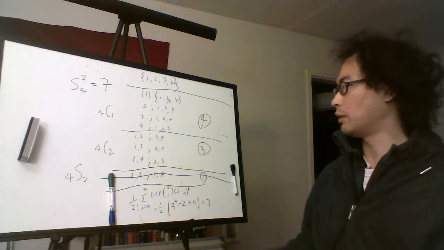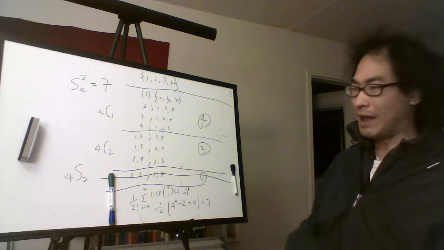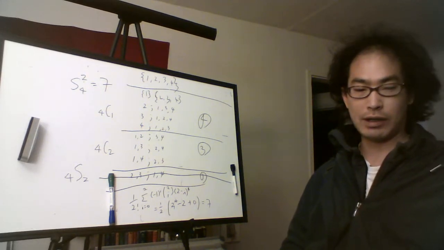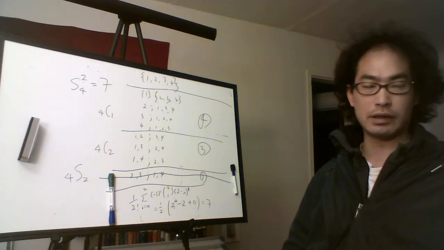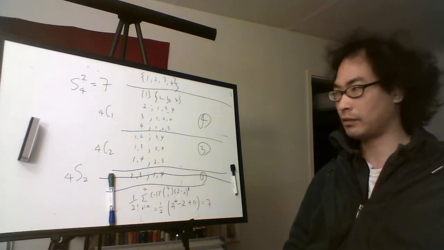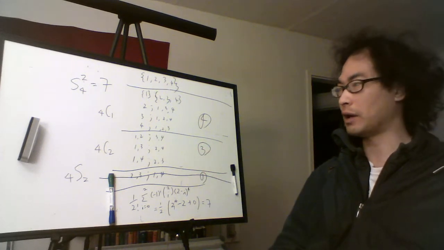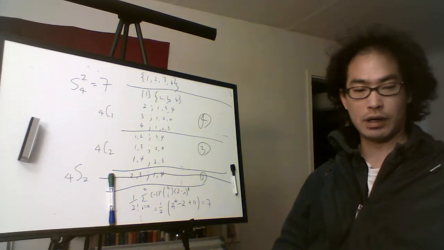But the formula itself is very involved, and I don't know how to prove this formula. Maybe through mathematical induction, though mathematical induction is kind of cheating. We actually did that before. You remember the sum of k cubed?